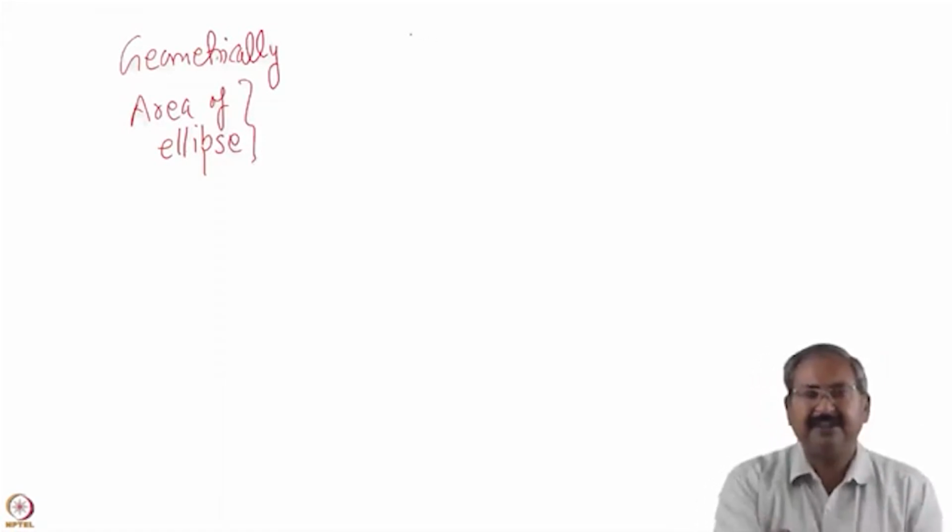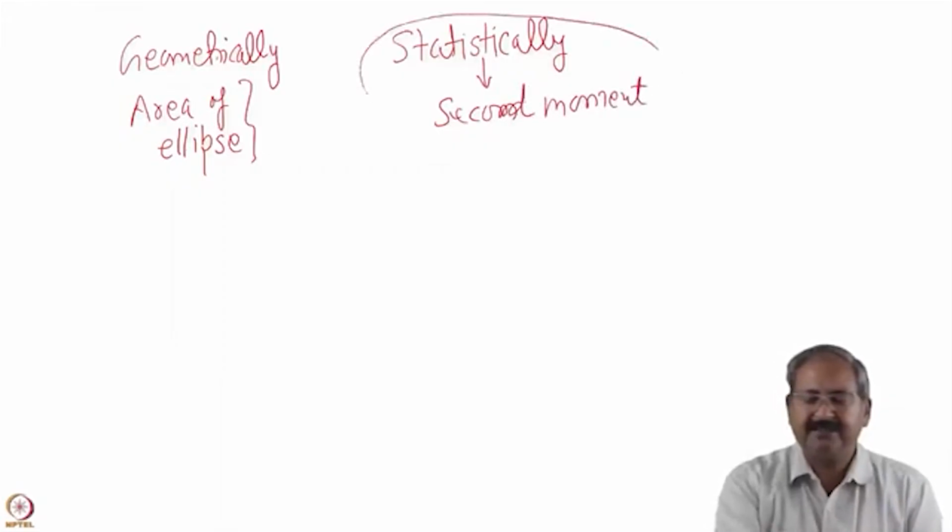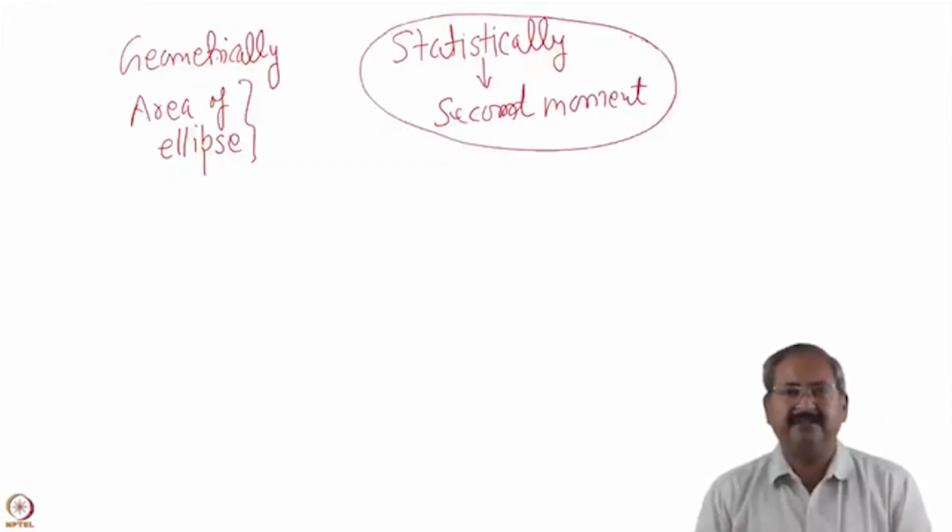Then we defined emittance statistically, which corresponds to the second moment of the particle distribution in the position and angles. Whether this quantity remains constant or not, we have not seen that. So taking a simple example, we check whether this quantity remains constant or not.